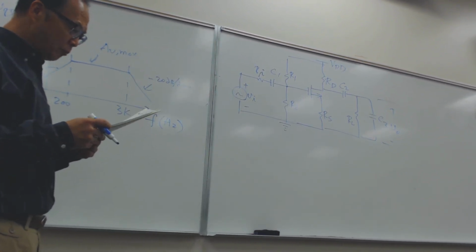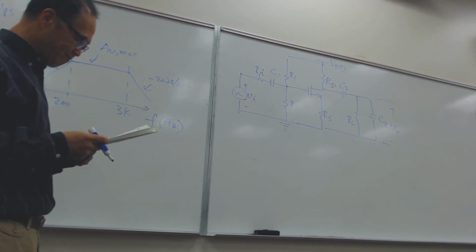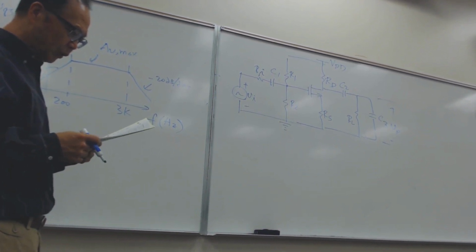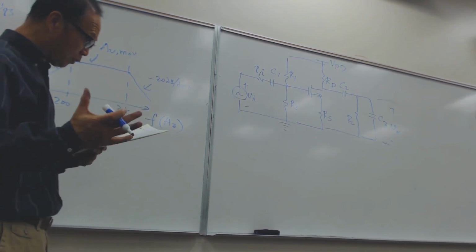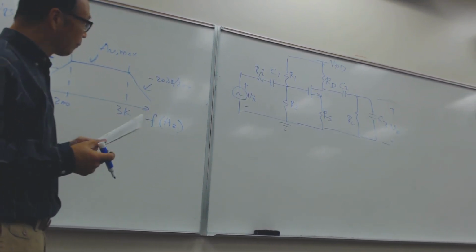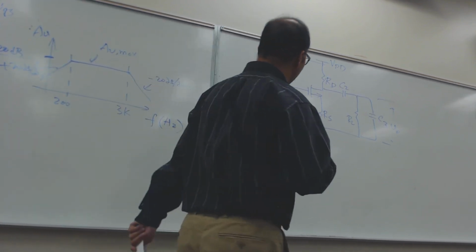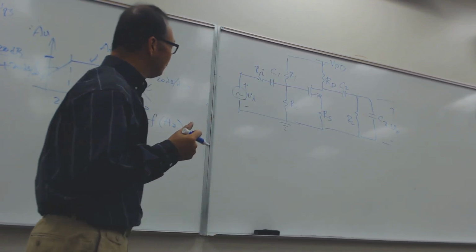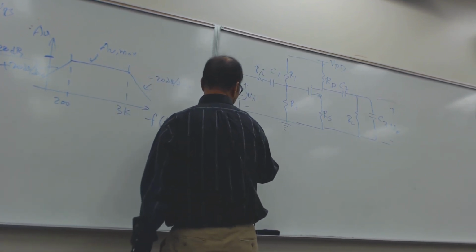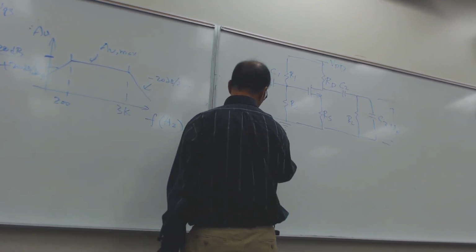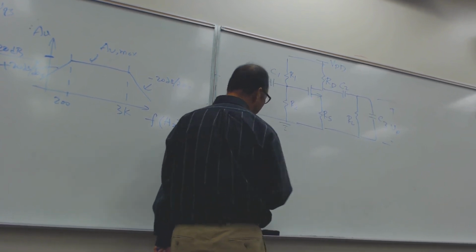I'm not sure I have all the numbers, so let me just give you the expressions, which are more important than numbers. Basically, I want to find out the Bode plot, and you should know what the plot is going to look like.